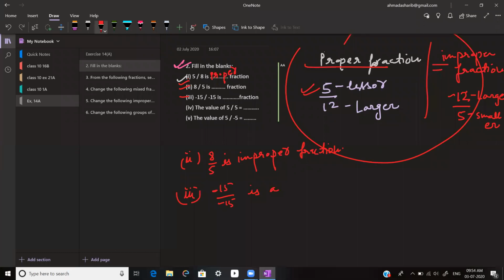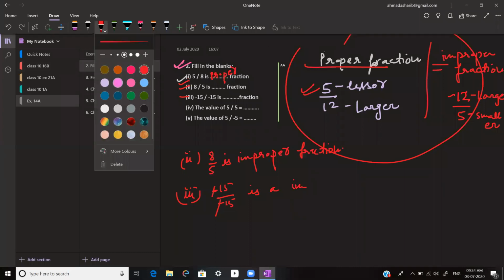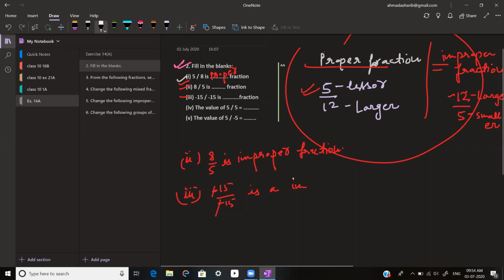Yes, it is an improper fraction. Why? It is an improper fraction.